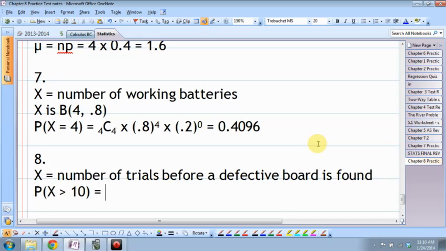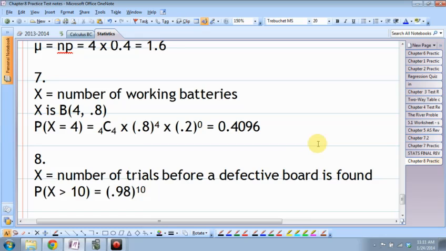So in other words, just the 10. That means we have to have 10 circuit boards that work. Sorry, you had it right, you said 10 circuit boards that work. We have 10 circuit boards that work. After that, it doesn't matter.